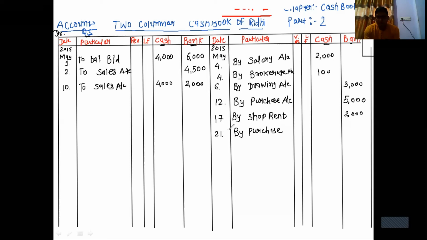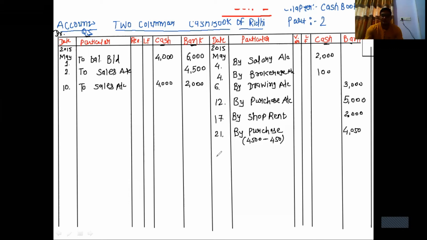Amount is 4,500, but there is a 10% trade discount. So from 4,500 we have to deduct 450. Amount is 4,050.